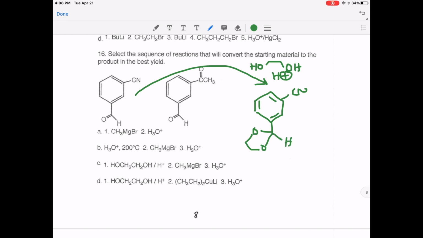So now we have our protecting group added. And so now we can easily do the Grignard reagent to add that extra methyl group that is attached to the carbonyl carbon.